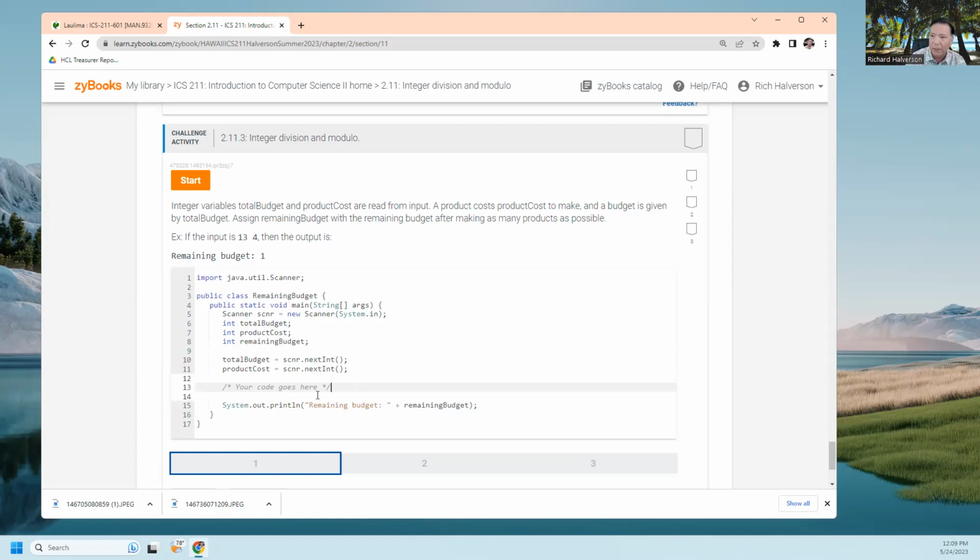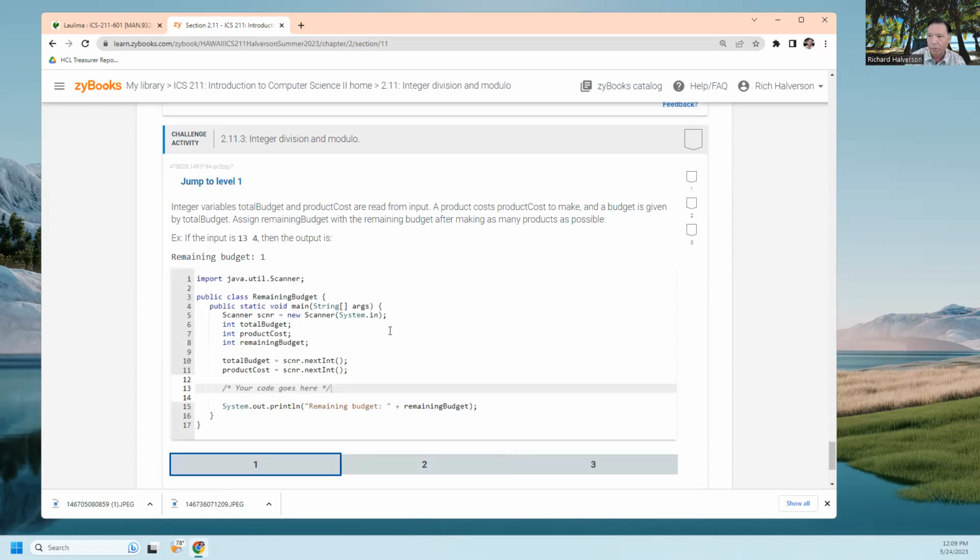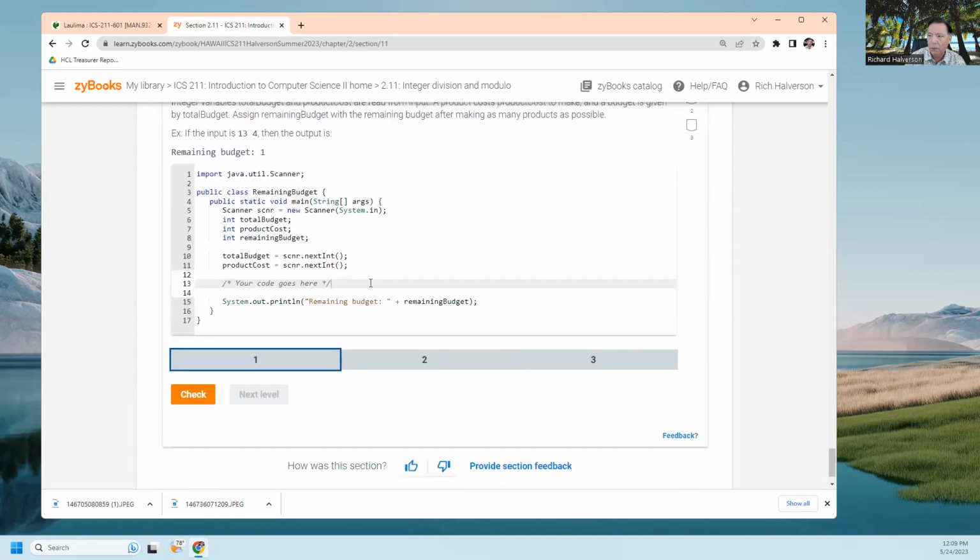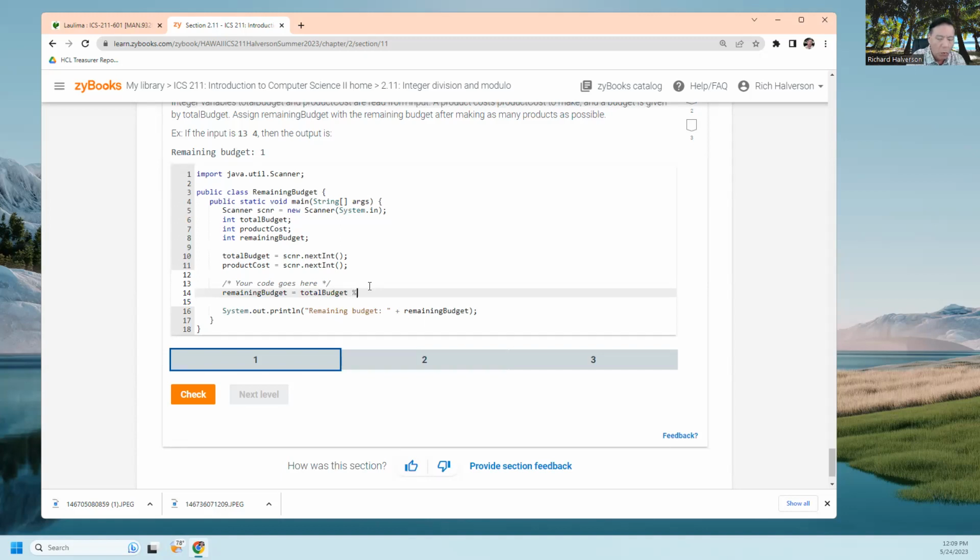So I would say that remaining budget is equal to total budget modulo product cost.